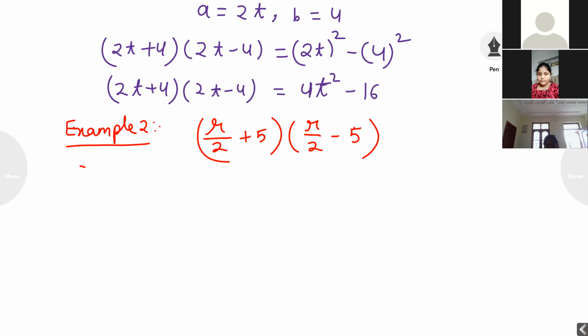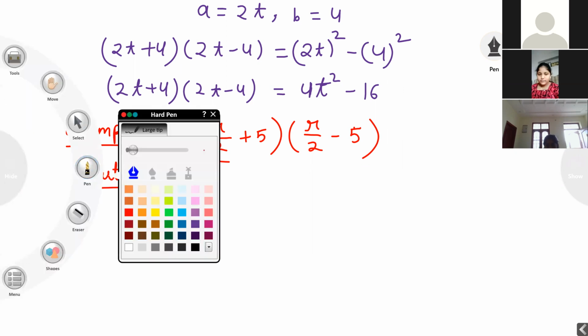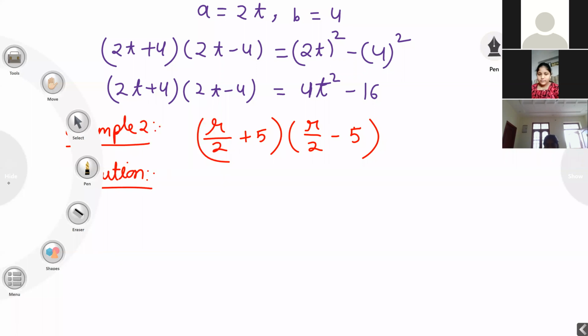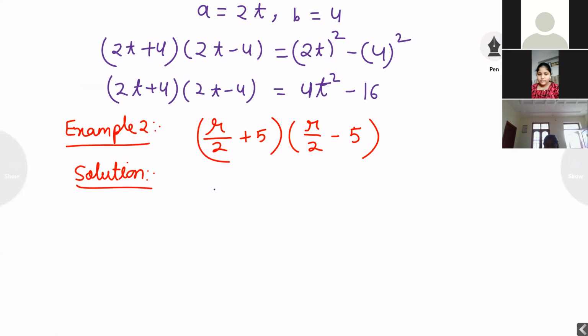Solution. First I will write the question: r by 2 plus 5, next r by 2 minus 5.